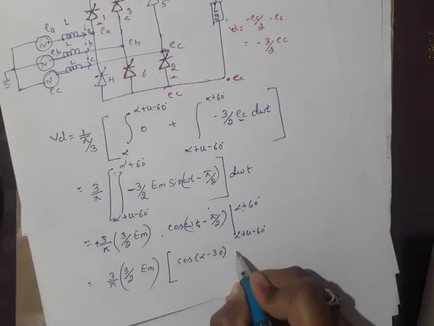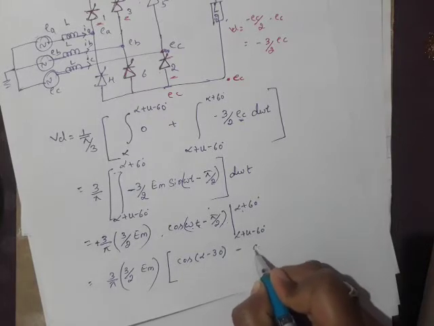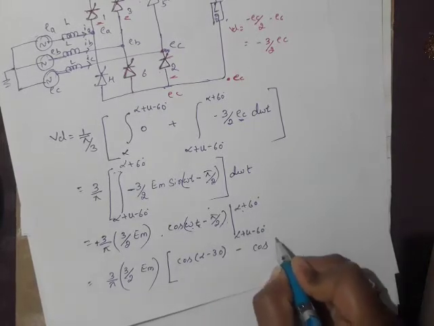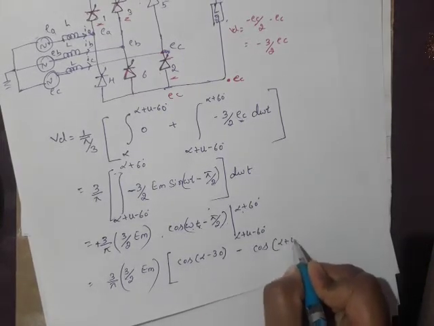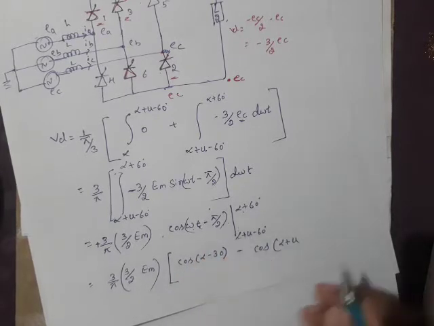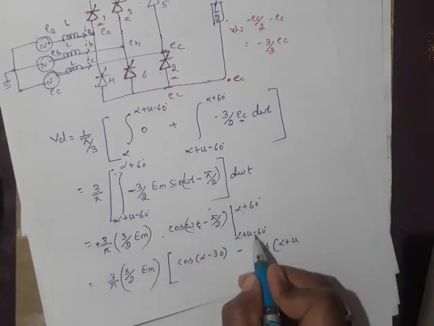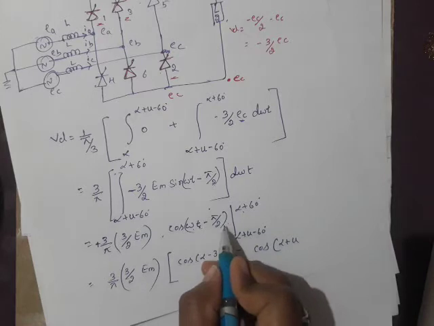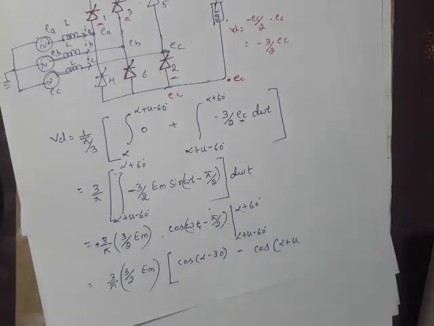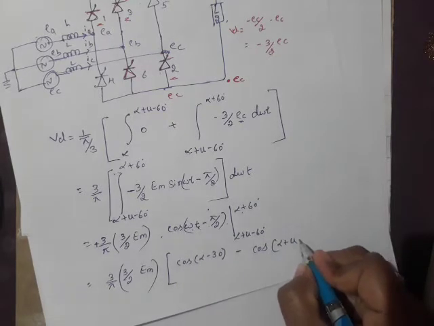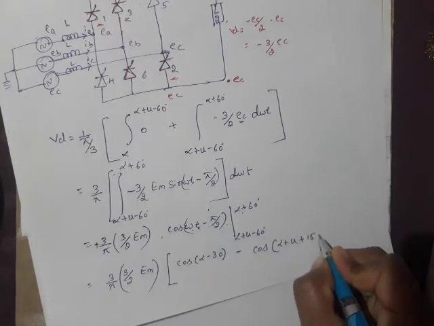So this is for the upper limit. Minus, apply the lower limit: cos of alpha plus u, minus 60 degree minus 90 degree, so totally it will be plus 150 degree.